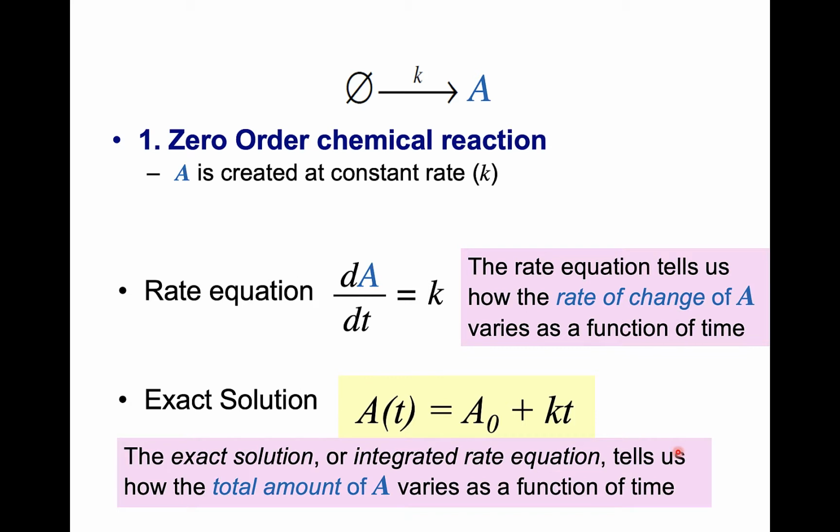So the rate equation, again, tells us how the rate of change of A varies as a function of time. The exact solution, or integrated rate equation, tells us how the total amount of A varies as a function of time. You get from here to here by integrating both sides. Again, I'm not going to go over how to do that.